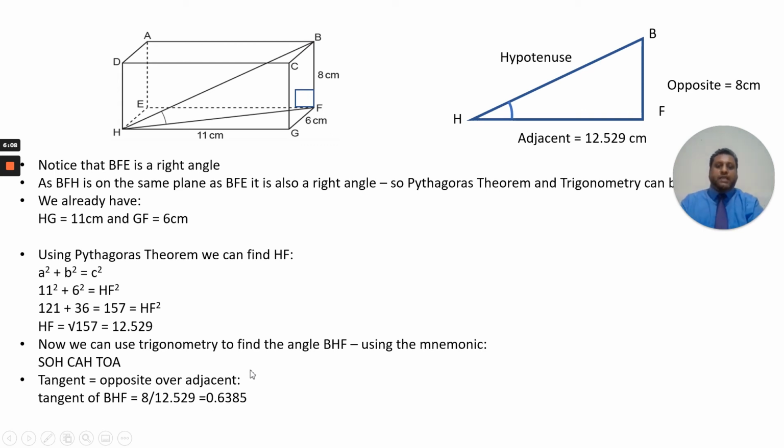If you use your scientific calculator, that number of course carries on with lots more decimal places, and if you use the whole of the number that your calculator gives, you get the least amount of error. So when you do 8 divided by 12.529, whatever number comes up, including, I think the next one is a 1 after the 5, just keep all of that and then use the inverse tangent function of your scientific calculator to find the size of angle BHF, which will be 32.56.